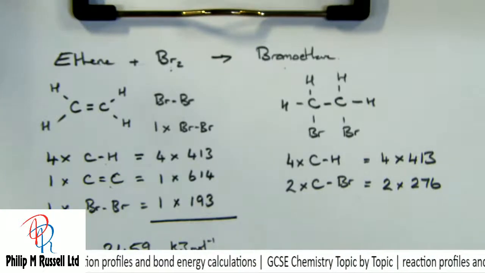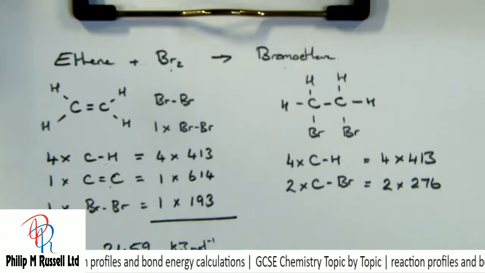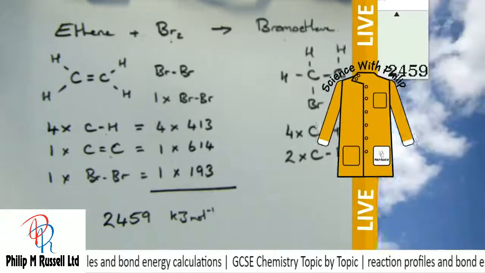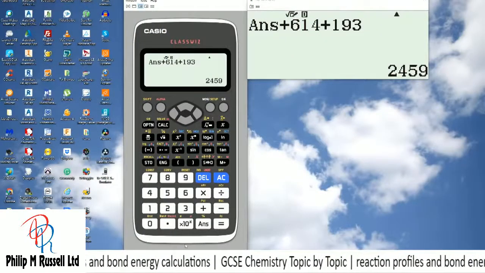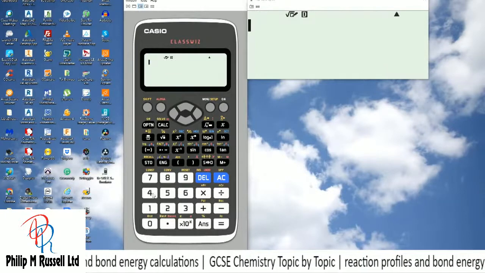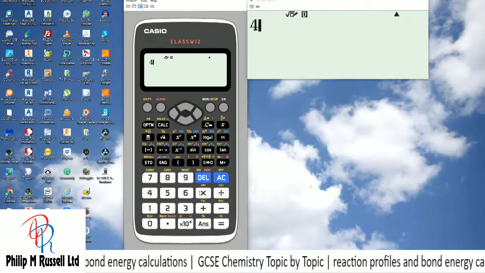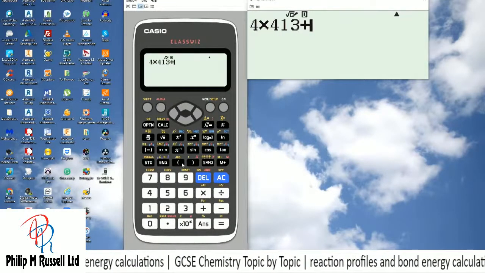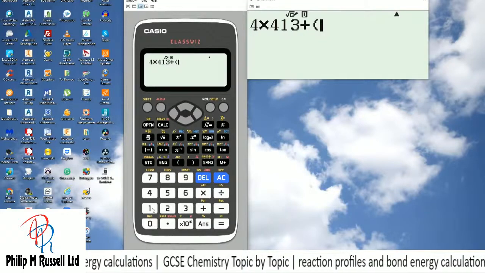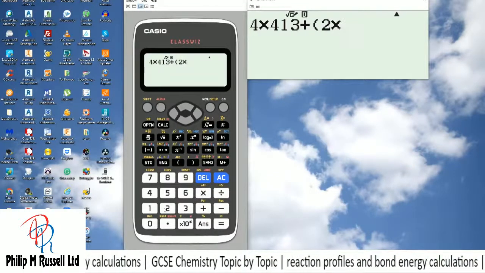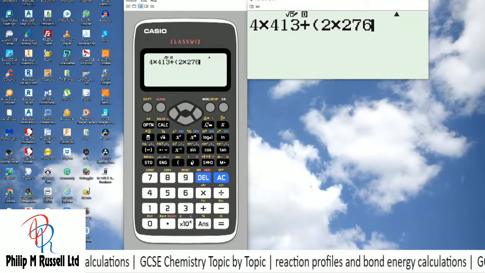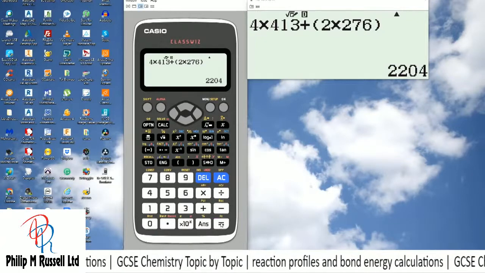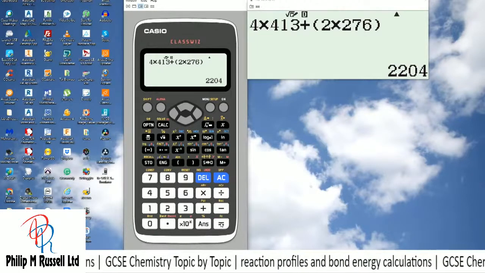If they give you this in an exam, they will always give you the numbers that you need. So let's work this one out. So I've got my 4 times my 413, and I'm going to add to that my 2 times my 276. That gives 2204.